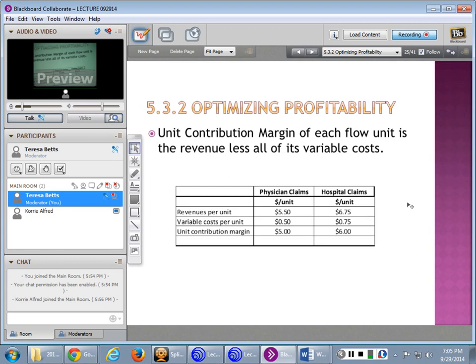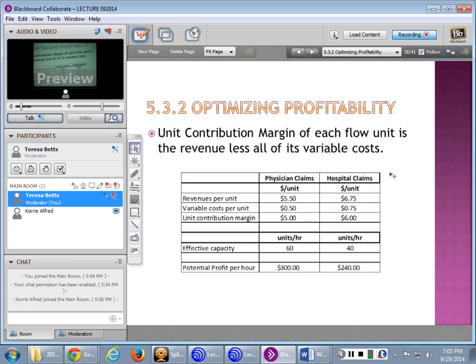Right? It might be easy at this point to try to assume that, well, then the hospital claim must be the better deal. Okay? But we haven't looked at that in terms of the cost that is associated in terms of how much time it takes us to do that. Okay? Unit contribution margin of each flow unit is the revenue less all of its variable cost. Okay?